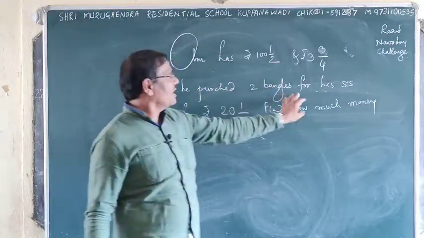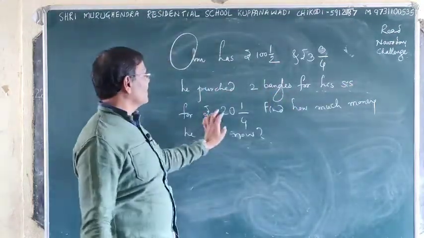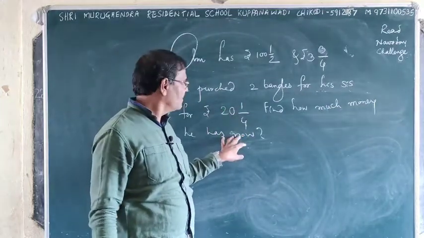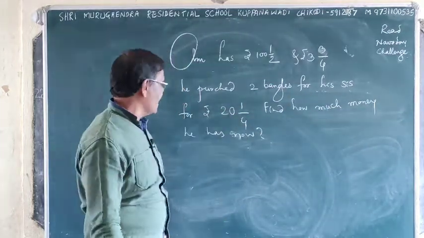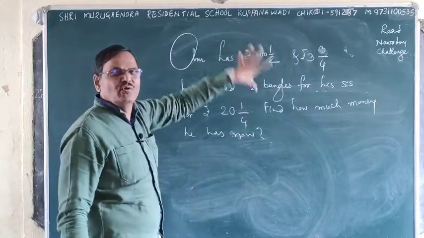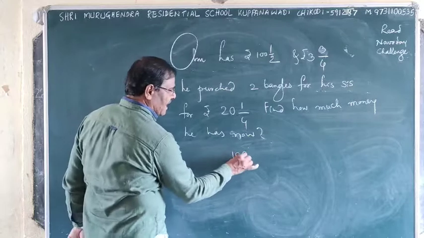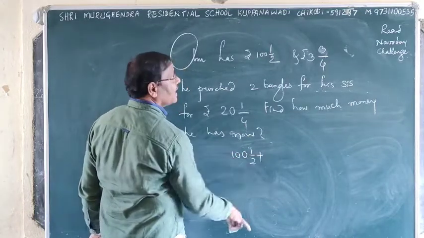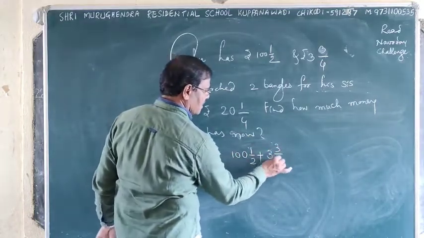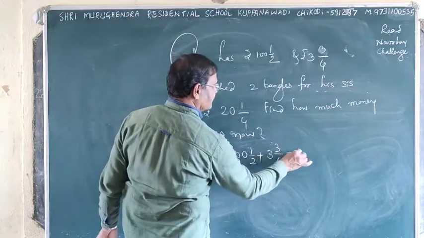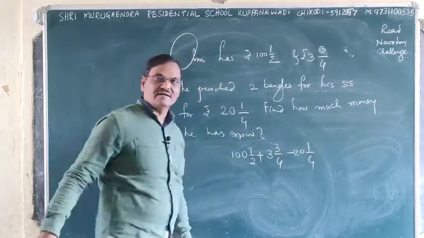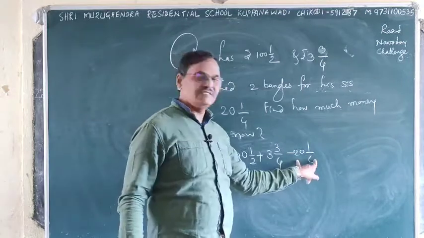He purchased 2 bangles for his sister for Rs 20 of 1 by 4. Find how much money he has now. This is how you have to find it. His total money should be added and this should be subtracted. This is income, this is expenditure.